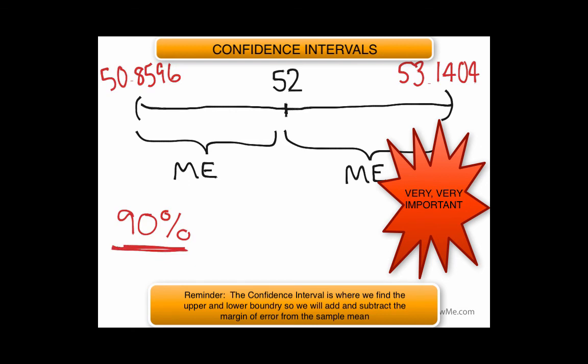Remember, we don't actually know what that is, but that's what the confidence interval tells us. You'll notice this is a pretty narrow interval, from about 51 to 53, and a lot of that has to do with how big our sample size was. If you take a big sample size, you can get a pretty good estimate of what the average life expectancy is.